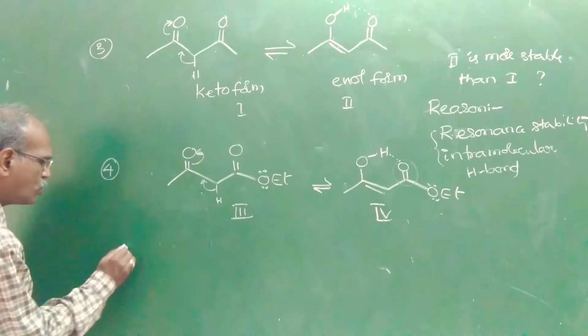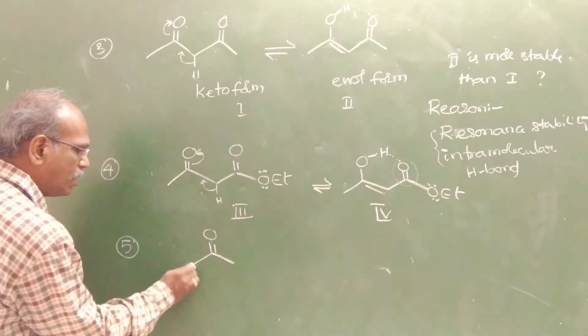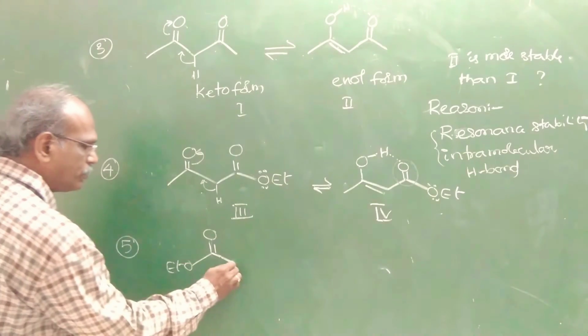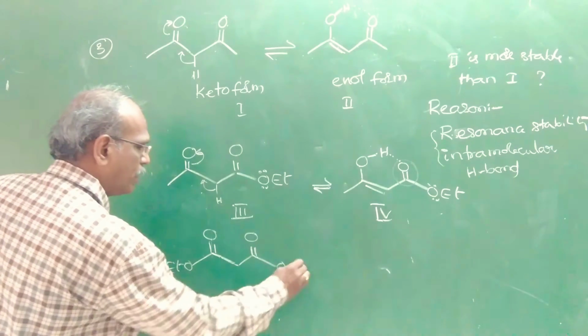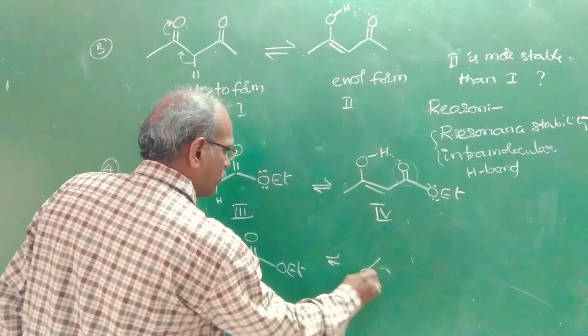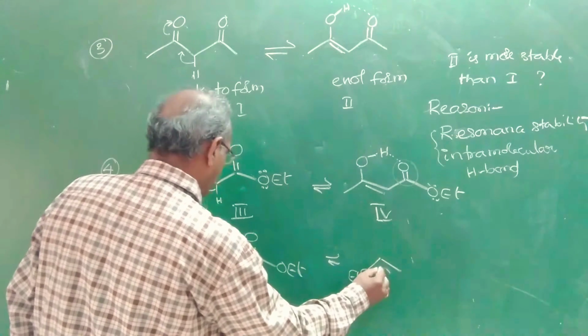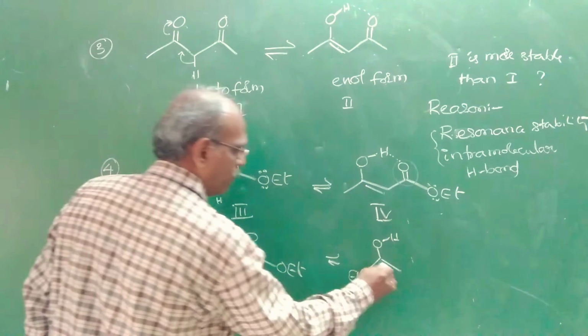Suppose this group is also replaced by an ester. See what happens. Further, the percentage of enol decreases the same way.